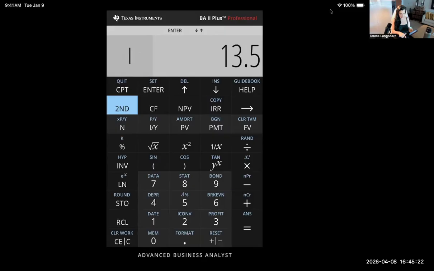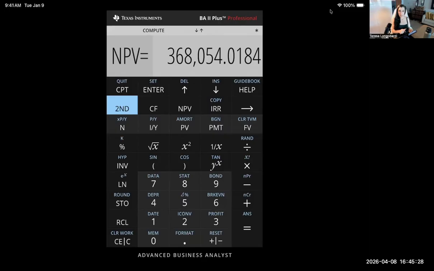Remember, it has to go in as a percent, enter down, compute, and that is the answer. So you're saving $368,000. So store 7.